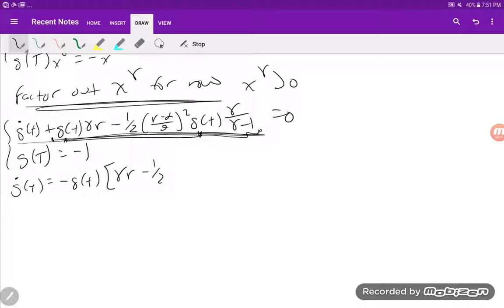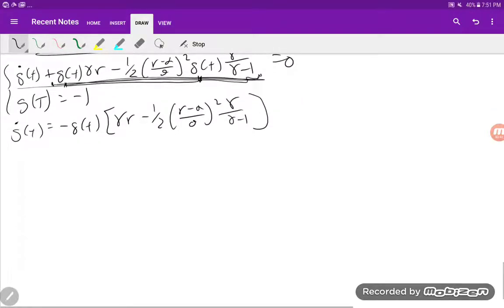Yeah, sorry, it's minus, because this came over as a plus. Okay, (r minus alpha over sigma) squared, gamma over gamma minus 1. Okay, and that's a pretty easy ODE.